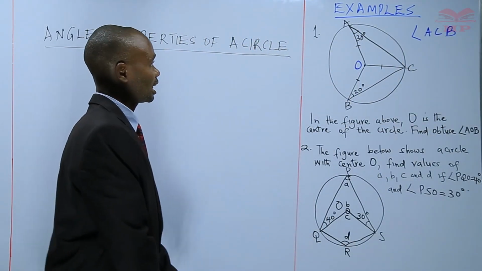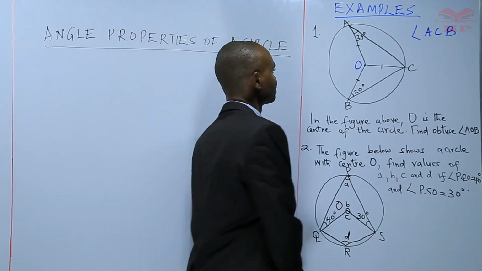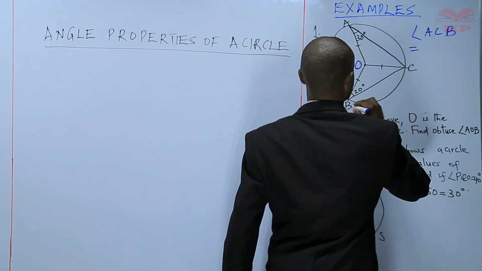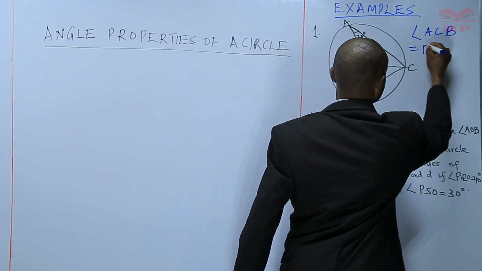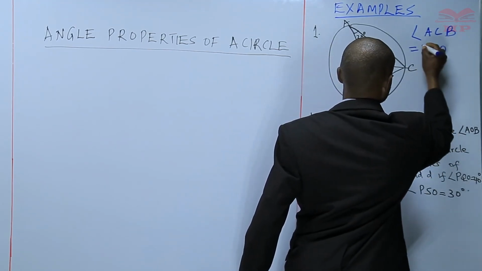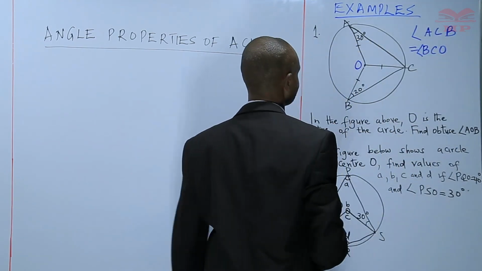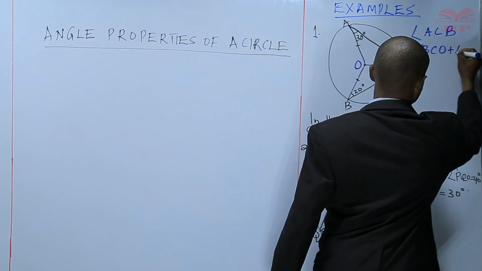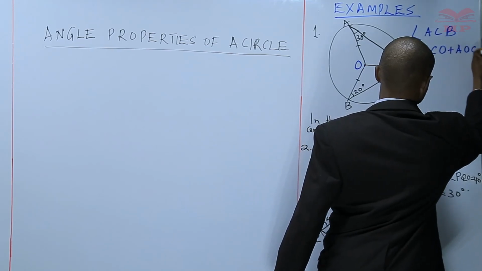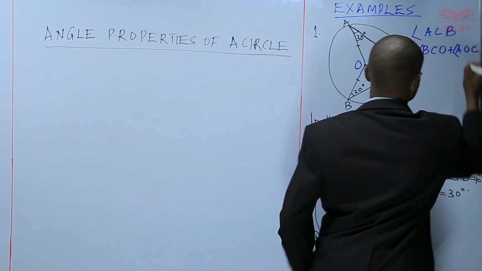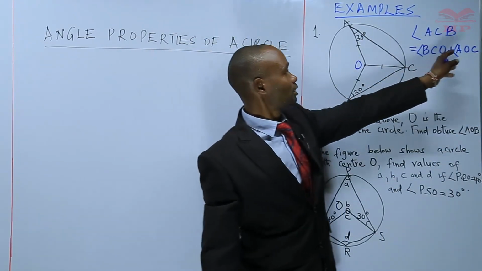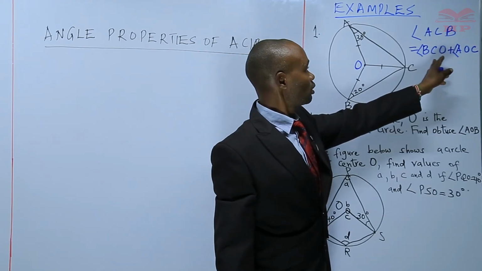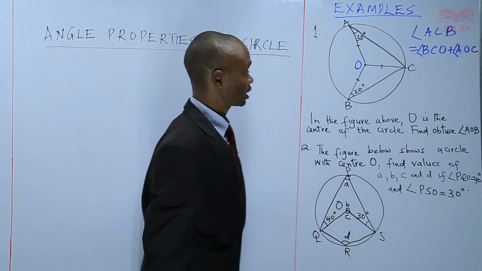Angle ACB is equal to BCO plus ACO. These two we shall get from the properties of an isosceles triangle.